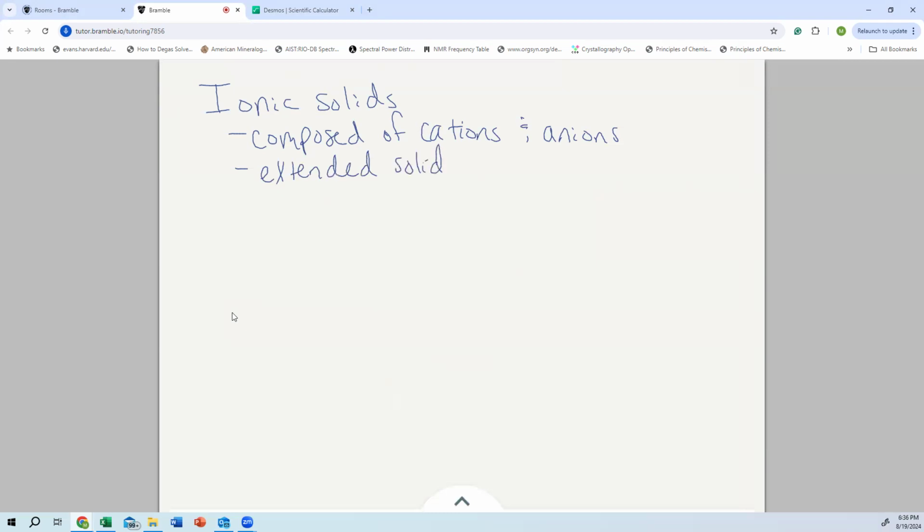So the bonds between our cations and anions stop when you cut off the crystal. So this is held together by ionic bonds. And ionic bonds are really strong, and the entire structure is held together by ionic bonds. And because of that, this is going to be something that has a really high melting point.